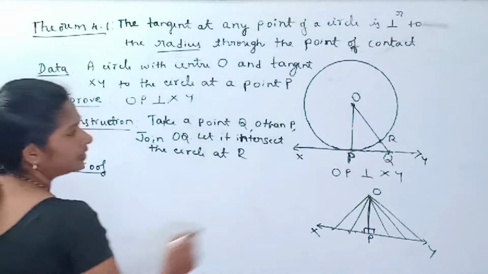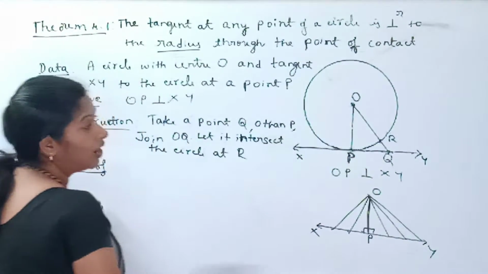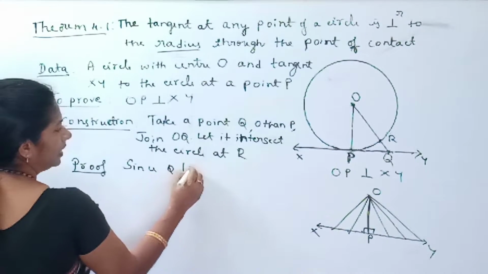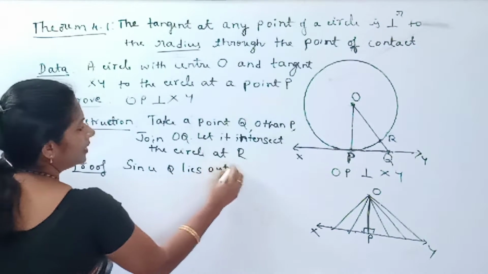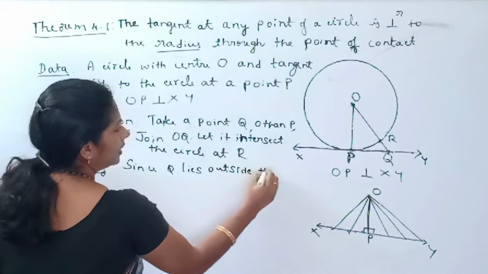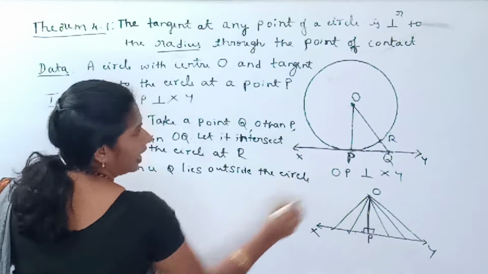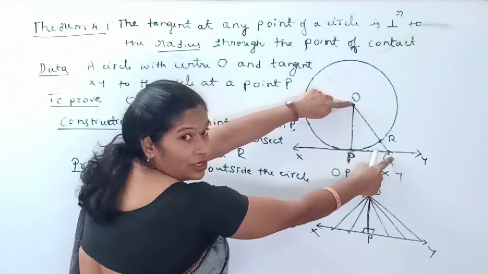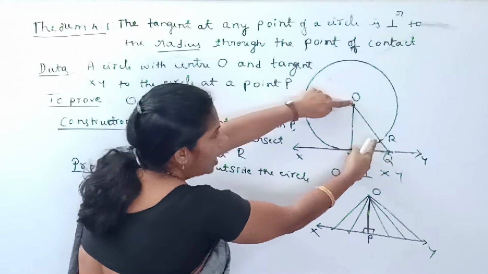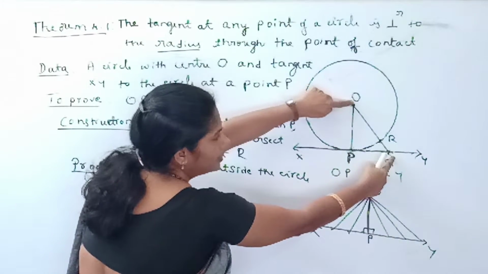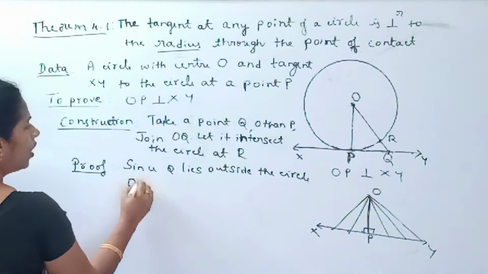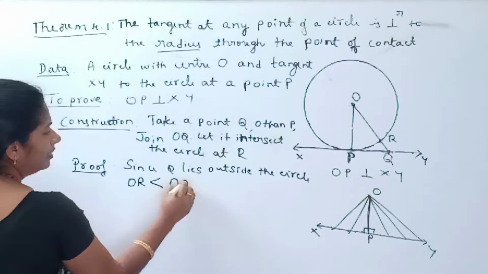How will you prove, children? Since Q lies outside the circle, I can write OR is less than OQ, isn't it? OR is part of this whole OQ. So let me write OR is less than OQ.